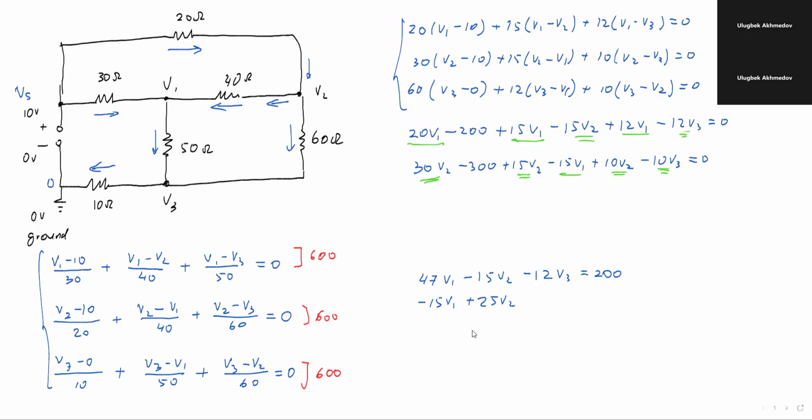And then V3, we only have negative 10V3. The number 300 goes to the other side, becomes positive 300.